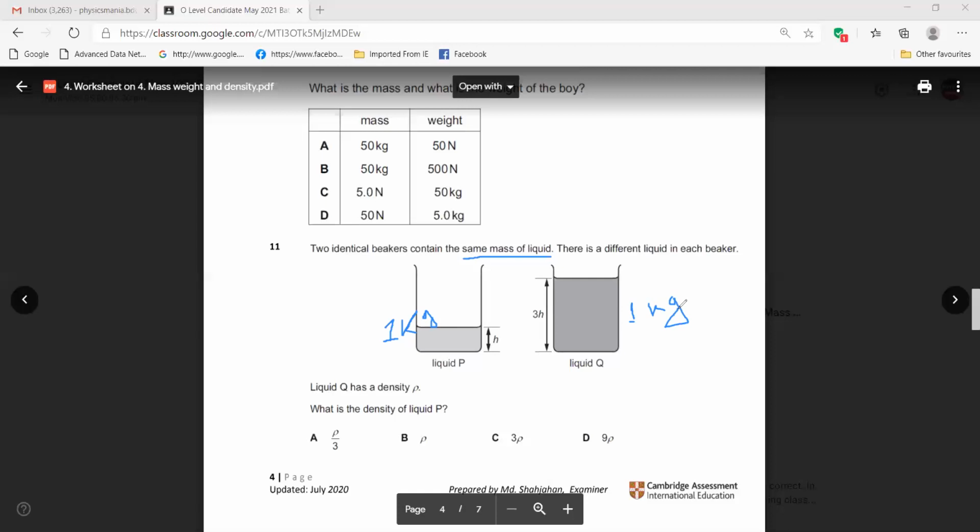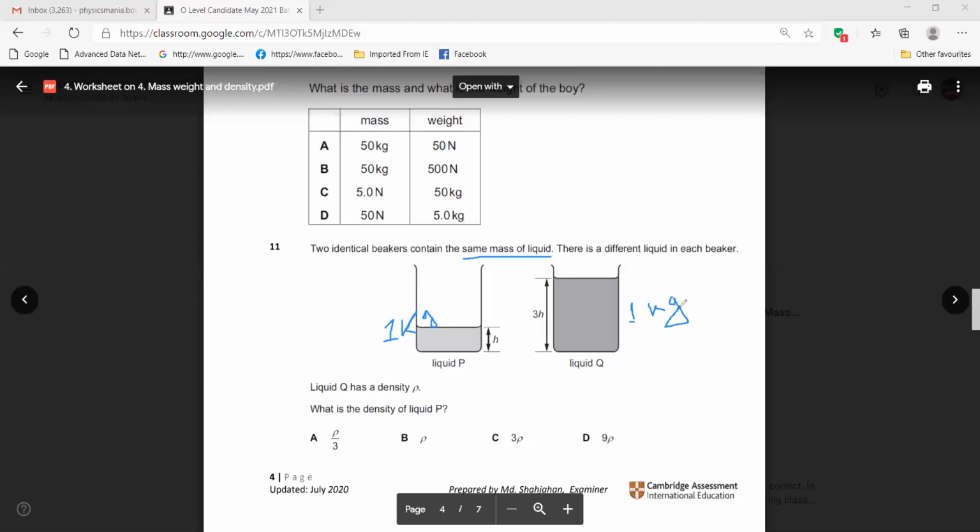I gave you an example last class: you have a 1 kg iron block and 1 kg of cotton, right? So cotton has a bigger volume, but iron has a smaller volume. So in iron, the density should be more, right?